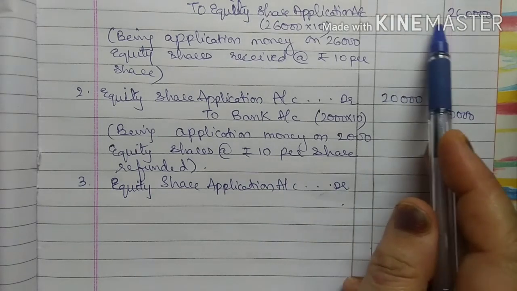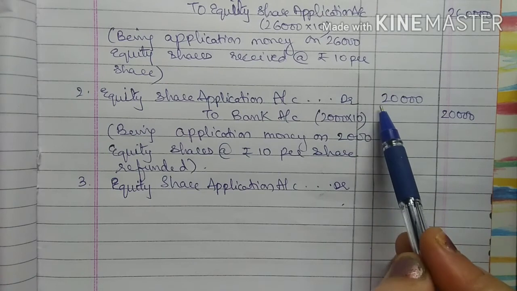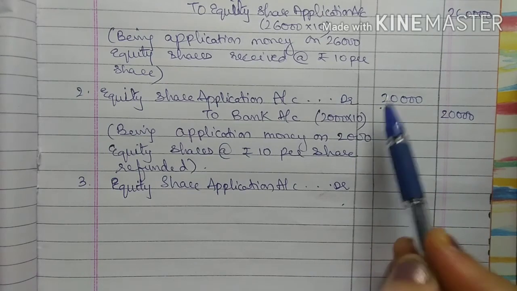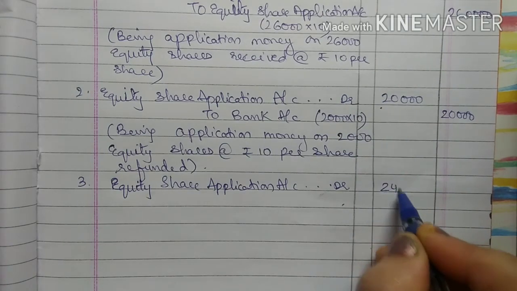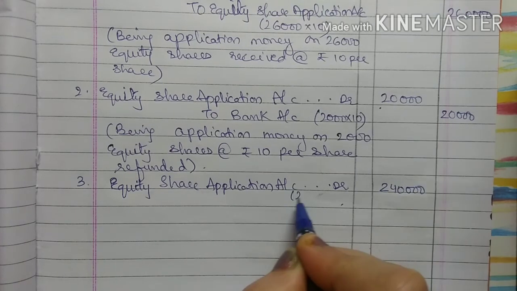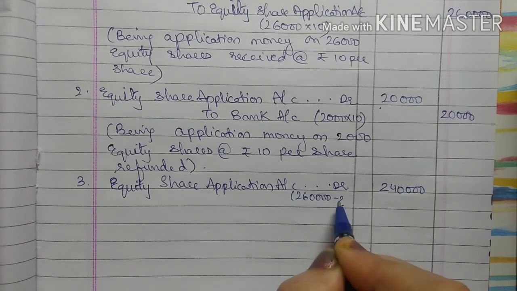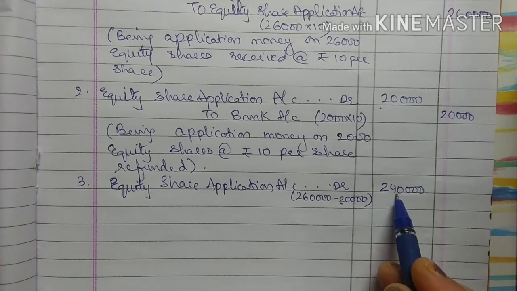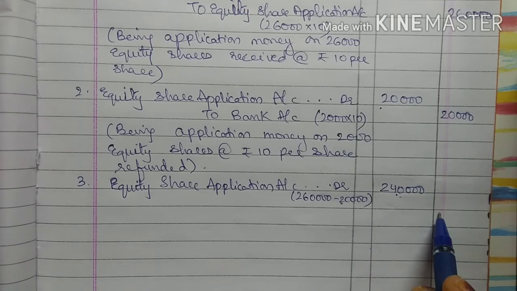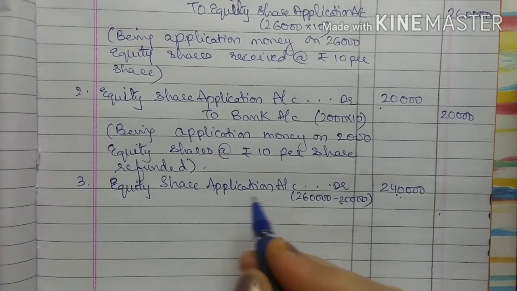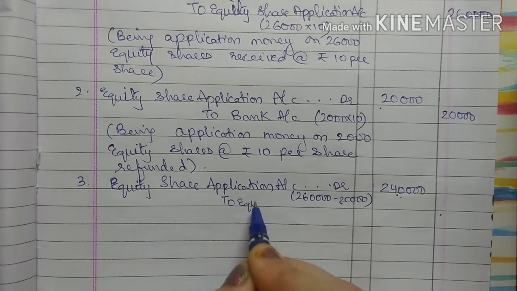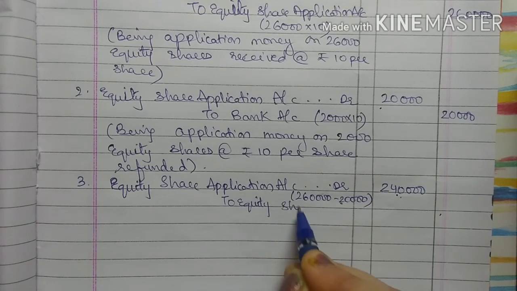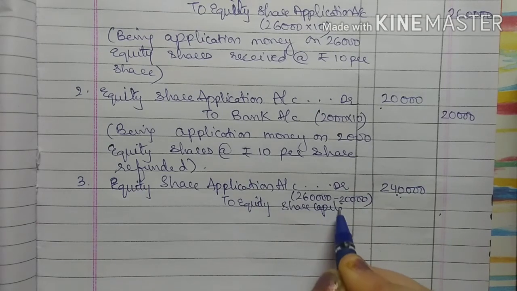See 2,60,000 credit में था, debit में मतलब minus हो गया 20,000, तो बचा कितना? 2,40,000. this is how we got 2,60,000 minus 20,000. okay, now फ्रॉम दिस 2,40,000 हमको शेयर कैपिटल में डालना है. सो टू इक्विटी शेयर कैपिटल अकाउंट.